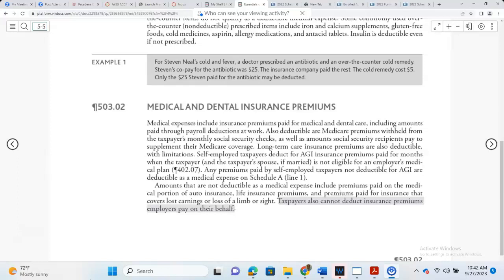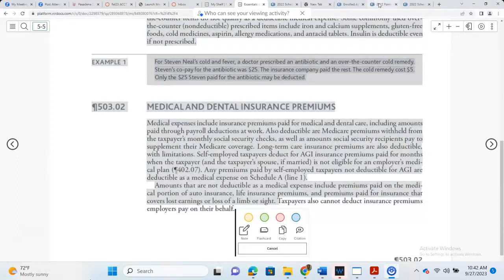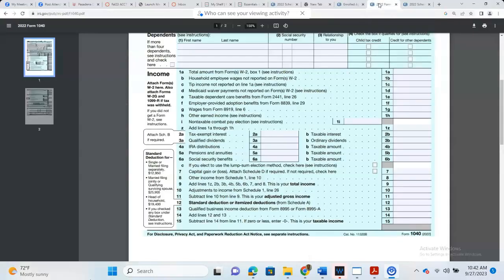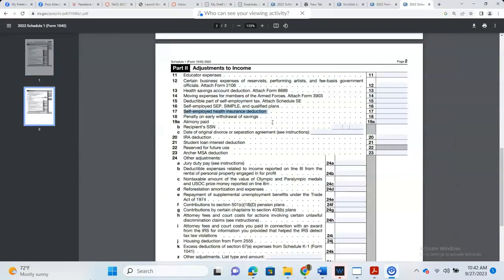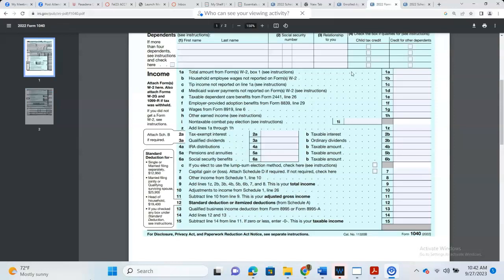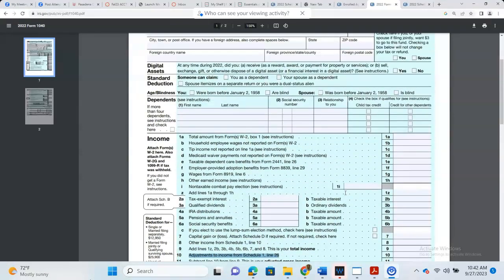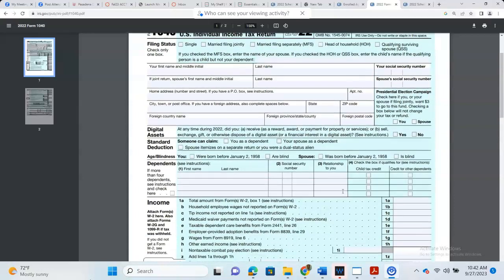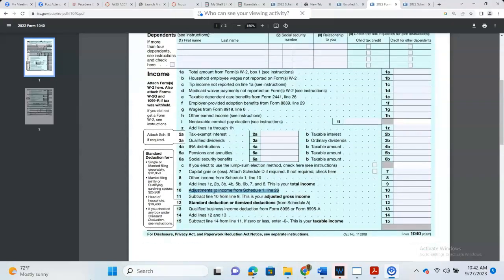I just said, it goes in as a self-employed deduction, on line 17, Schedule 1, and then from there it goes to Form 1040, line 10. Make sense? Okay, looks like we are good.